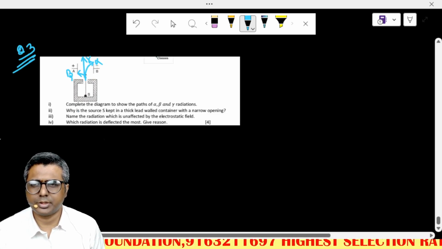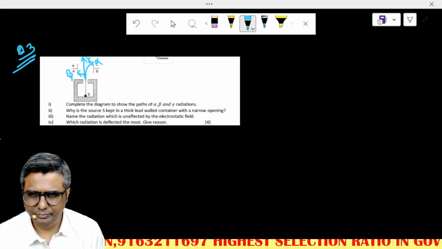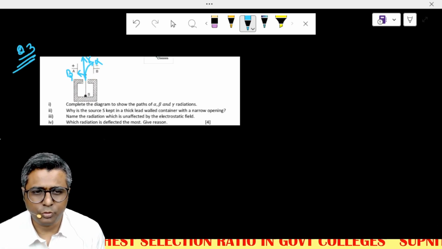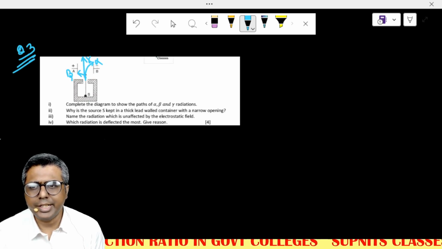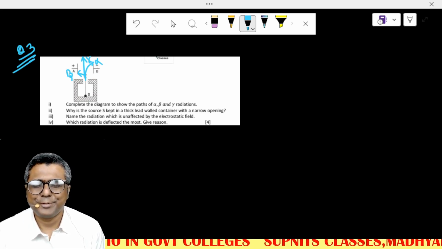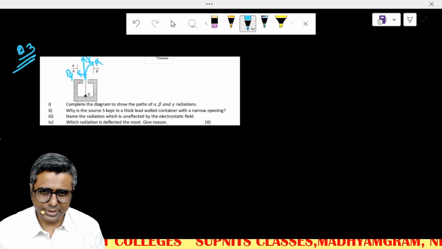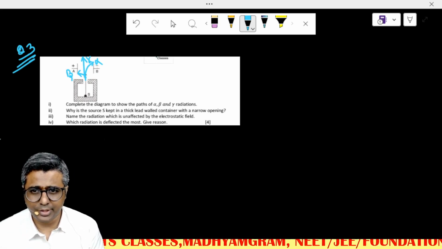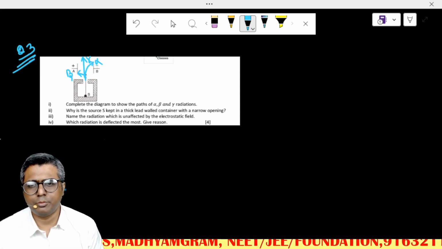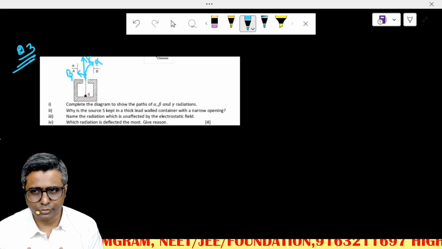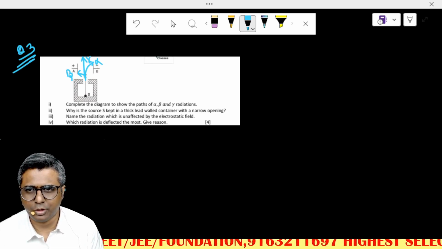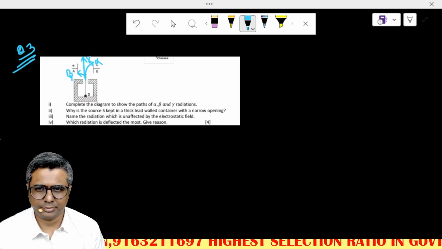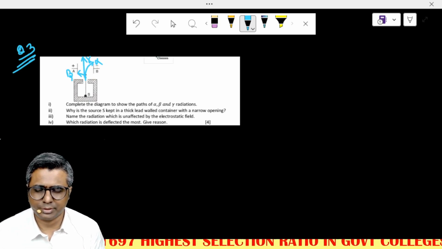Why is the source S kept in a thick lead-walled container with a narrow opening? Because we are dealing with radioactivity, right? The source is a radioactive material, and definitely you, myself or anyone else working with this experimental setup will not want to get exposed to those radioactive radiations and get a life-threatening disease or something like that.